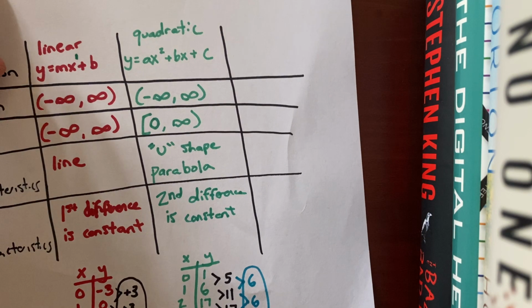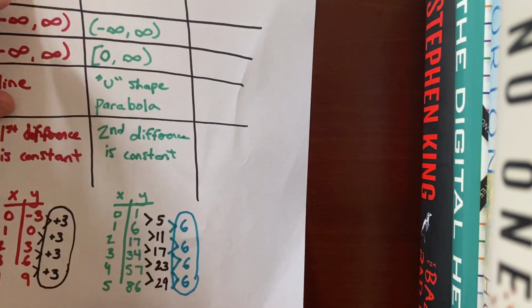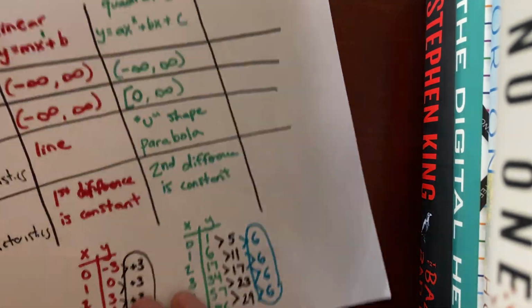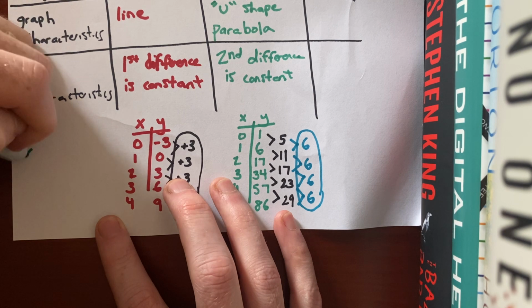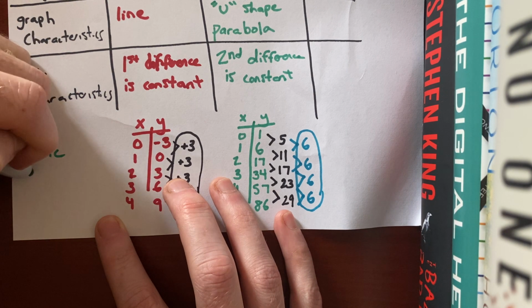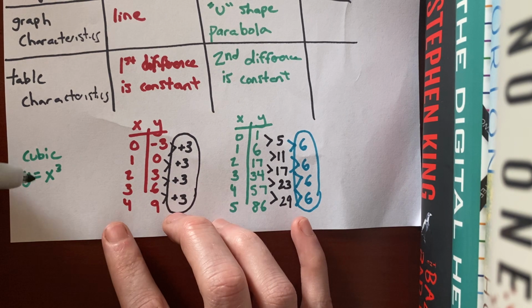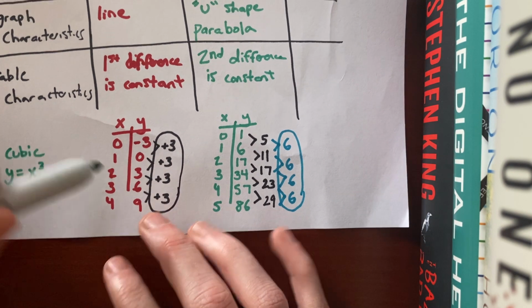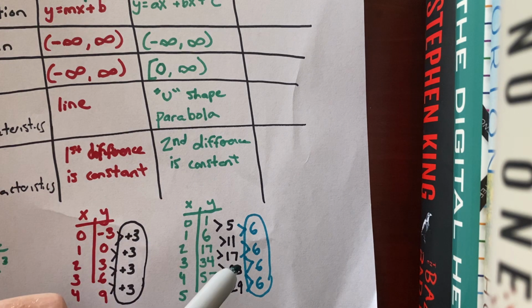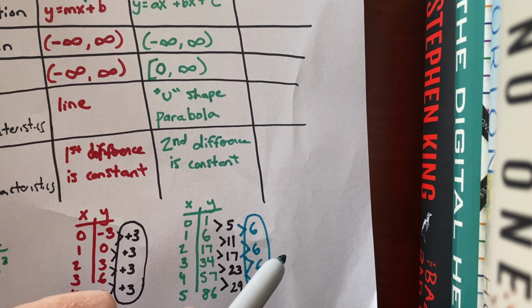So this isn't important for this week's lesson, but if I had a cubic function, let me just jot this down over here. Not to confuse you, but just a little tip there. A cubic function looks like this, y equals x cubed. Since my exponent is a 3 here, if I did this table, I'd have to go through one more time to find out that the third difference was constant, and therefore it'd be a cubic function.